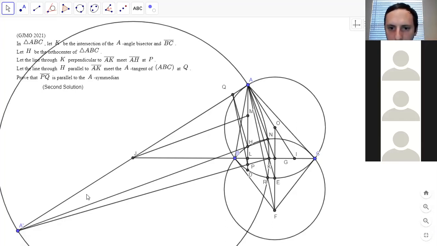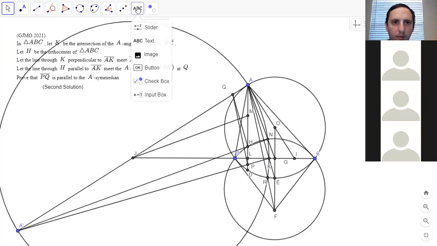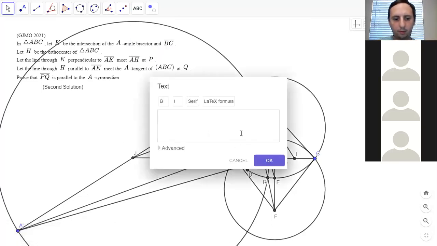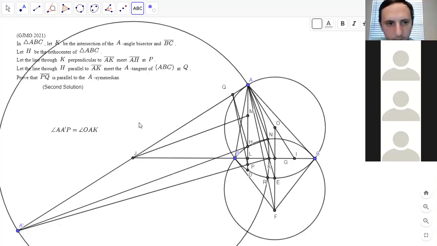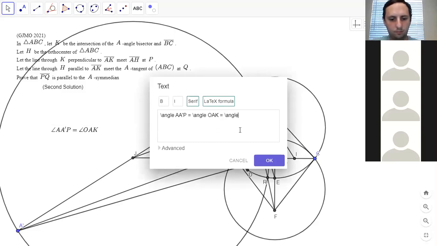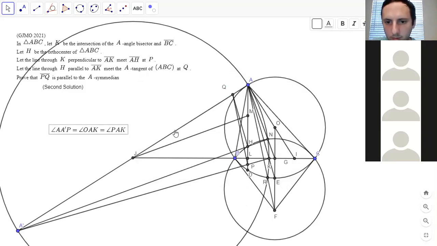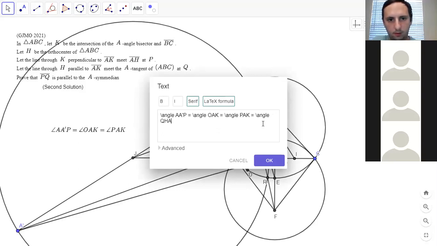Yeah, that is angle chase because angle AA prime P is equal to angle OAK, because OA is the tangent. And OAK is PAK, and PAK is equal to QHA because QH is parallel to AK. All right, that's a nice solution.